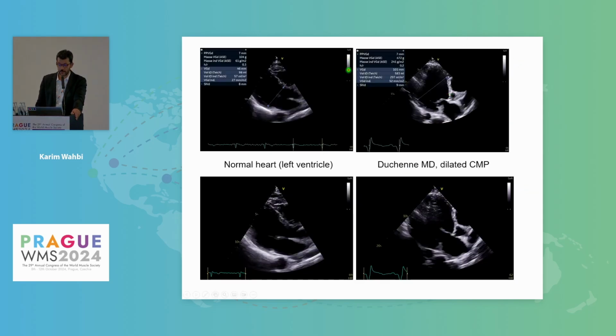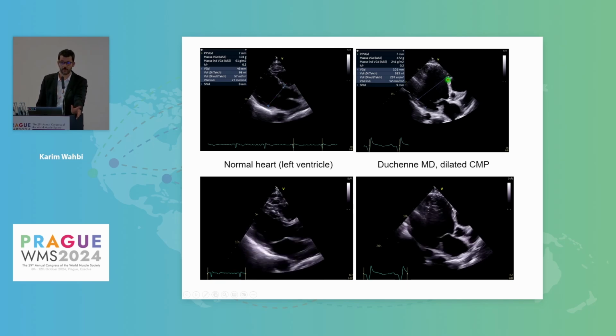You can see here on the right the echocardiogram of a patient with Duchenne muscular dystrophy, and on the left a normal echocardiogram. You can see normal heart pumping, and on the right the heart of a DMD patient with an advanced dilated cardiomyopathy. Here you have a left ventricle with a diameter of 5 centimeters.